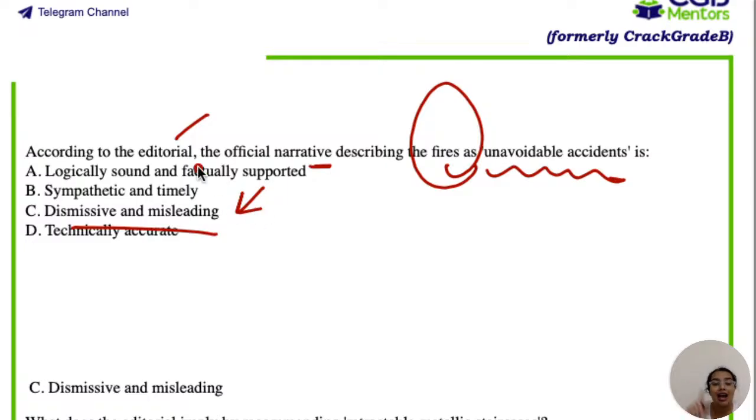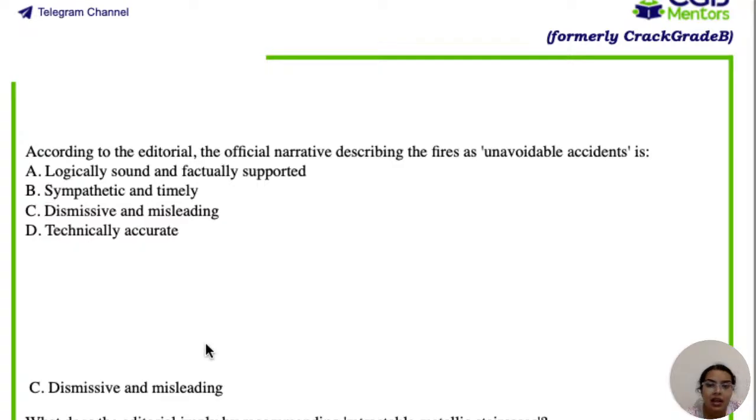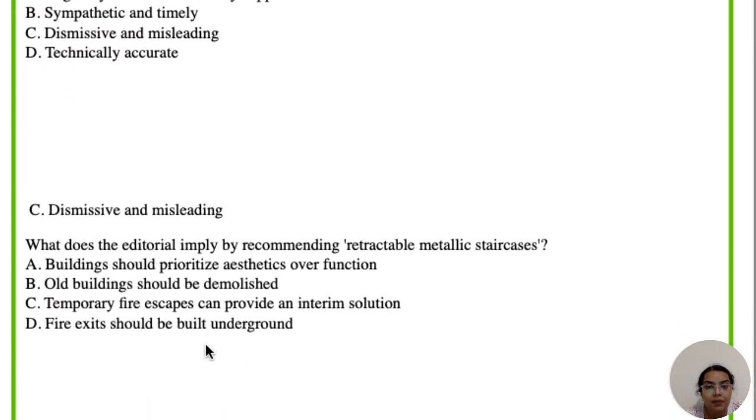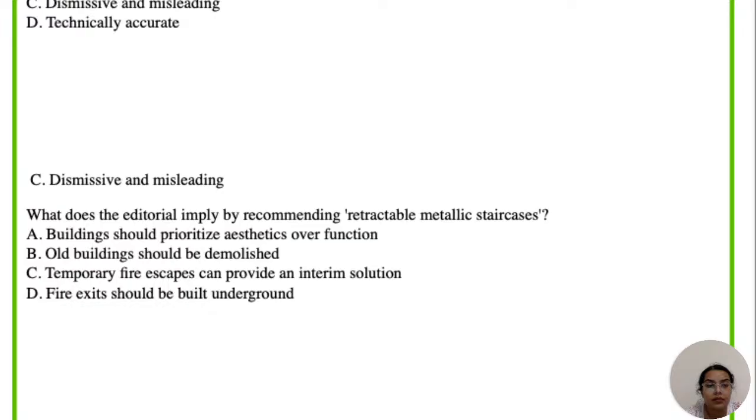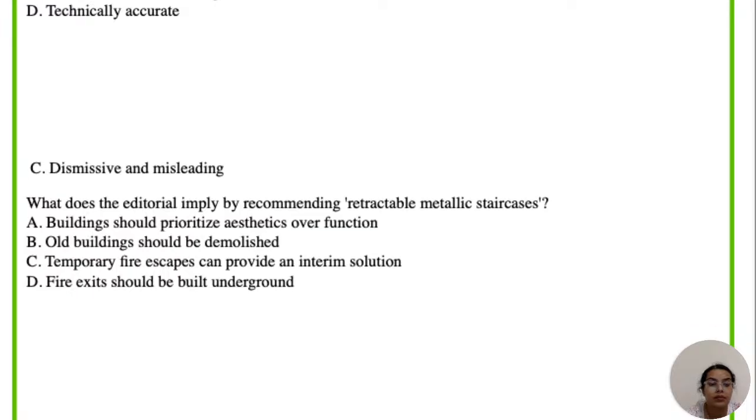Author is saying it could have been avoided. It's our mistake. We were not up to the mark. As required, we weren't prepared. Next one.